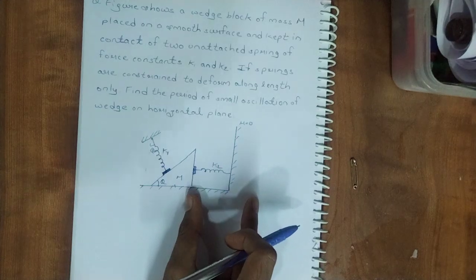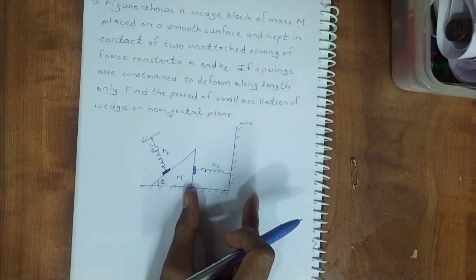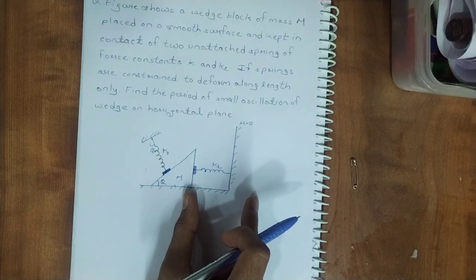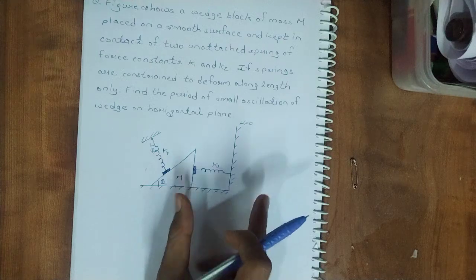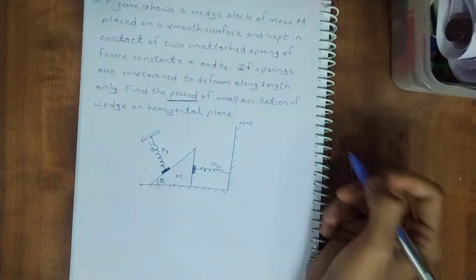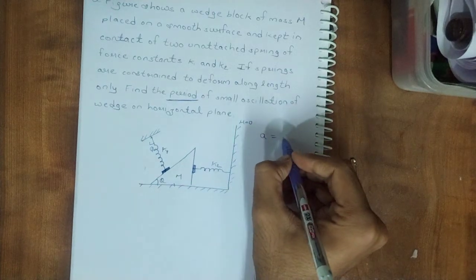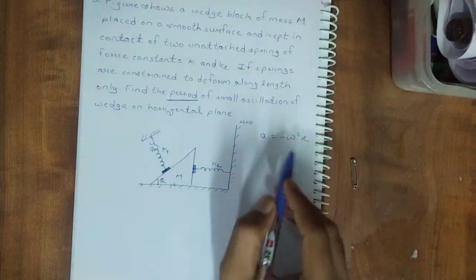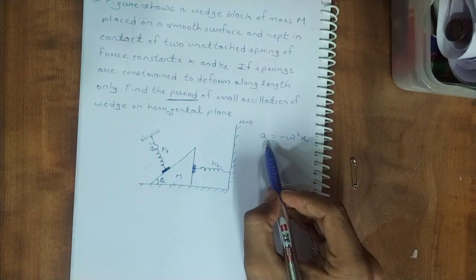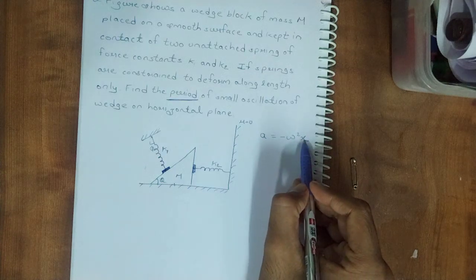So let us do it part by part. Always remember my words. Whenever you are asked to find the period of oscillation, and you will find many such questions in JEE Advanced, always try to find this equation: a = omega squared x. Here a is your acceleration, omega is your angular frequency, and x is your displacement.